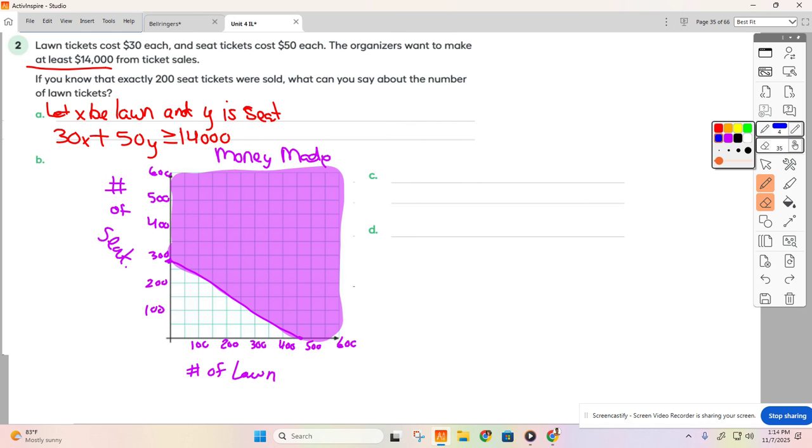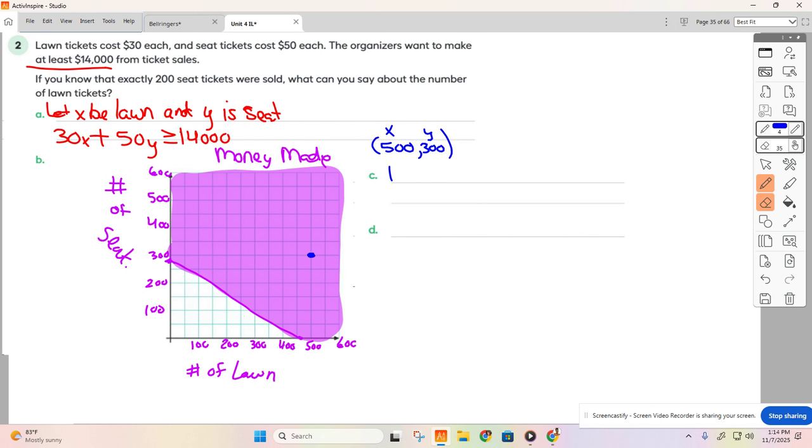All right, part C says we're gonna pick a point and say what it means in context of the problem. I'm gonna pick this point over here. I want it to be a point in the shaded area. I chose the point, the X value was 500, the Y value is 300. What does that mean?